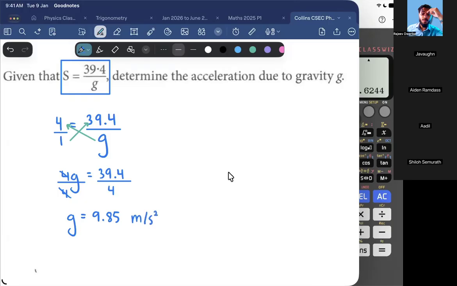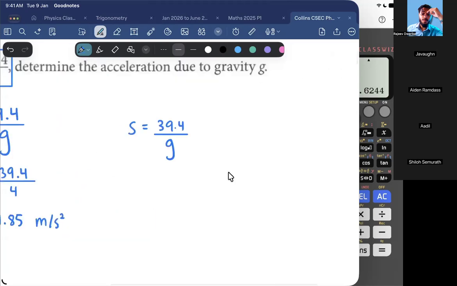And there's another way you could understand this. Let me explain. S is equal to 39.4 all over G, right? Something you could also do is multiply by G on both sides. You'll end up with SG is equal to 39.4. Then you could divide by S on both sides.